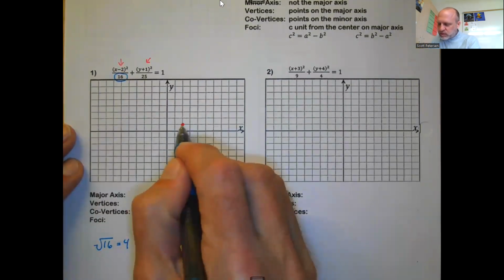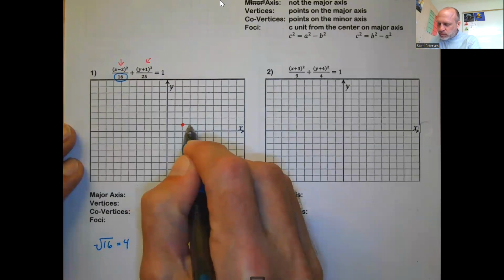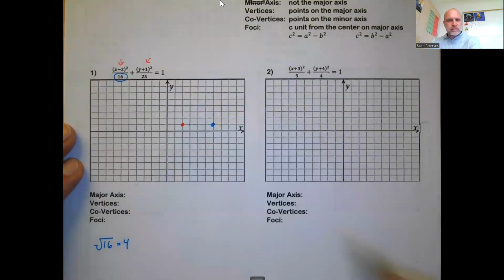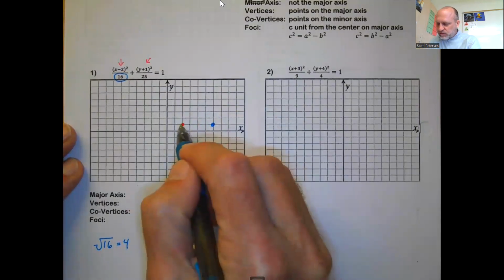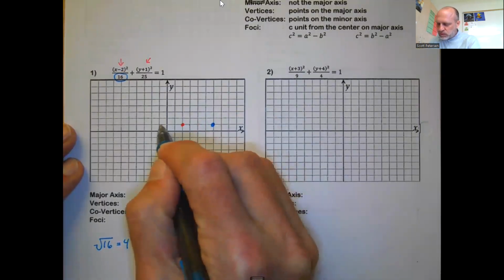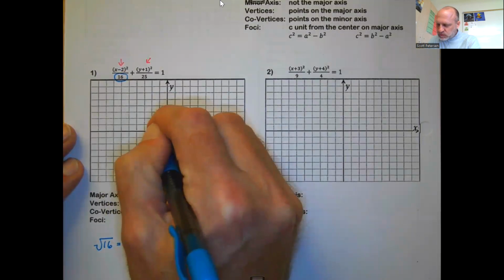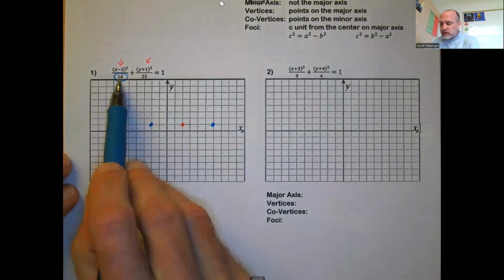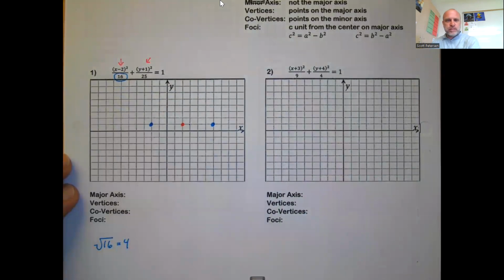So I'm going to travel to the right 4. 1, 2, 3, 4. Place a point. I'm going to go to the left 4. 1, 2, 3, 4. Place a point. Similar to what we did with our circles, but instead of going all 4 directions, we're only going to do the square root of 16 left and right.